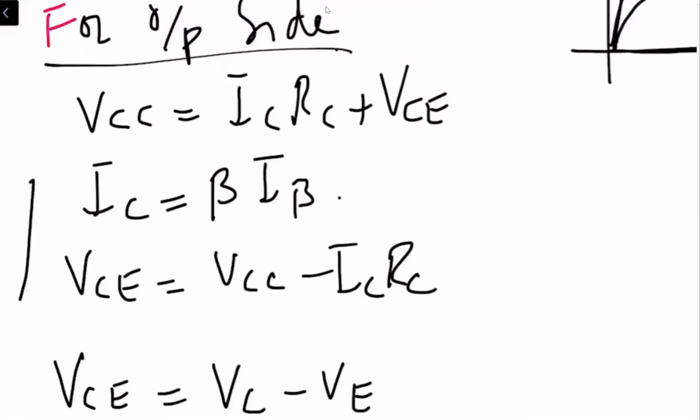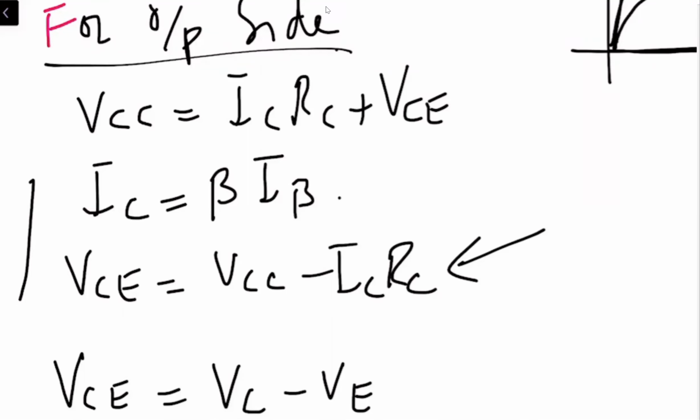This means that IB and IC are interrelated with beta. Now if we say that IC is equal to 0 in this equation, this means the current flowing in the collector circuit is 0.